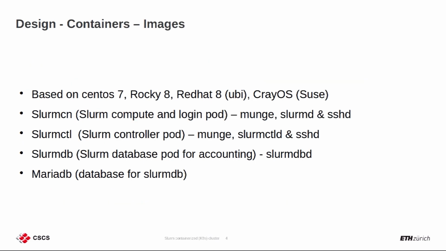From the containers point of view, because these are the building blocks for the whole project, we used different types of base images based on CentOS, Rocky, Red Hat UBI, and Cray OS. The only thing to mention here is the process to create container images from Cray, because we wanted to replicate the compute nodes we have at the center.